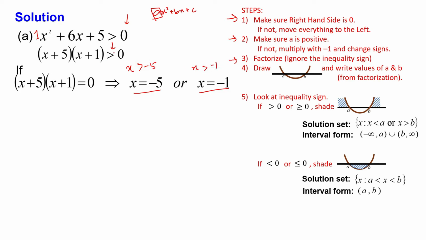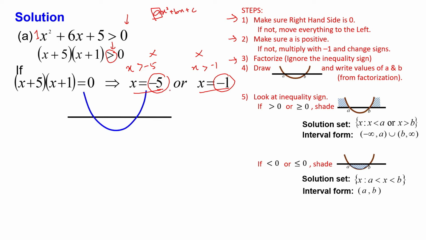They follow the inequality symbol and write it here. This is wrong, because we just want to know what is the point that will make this equation 0. So just write -5 and -1 equal without any inequality signs.